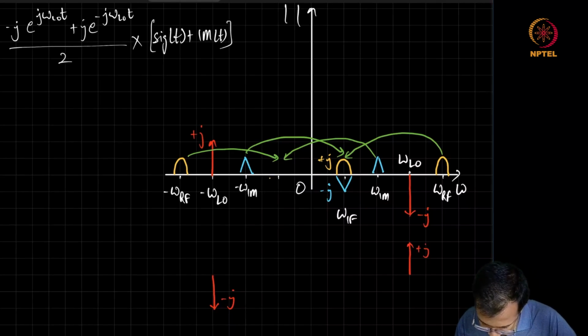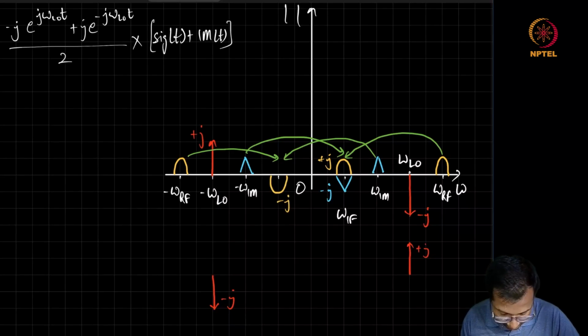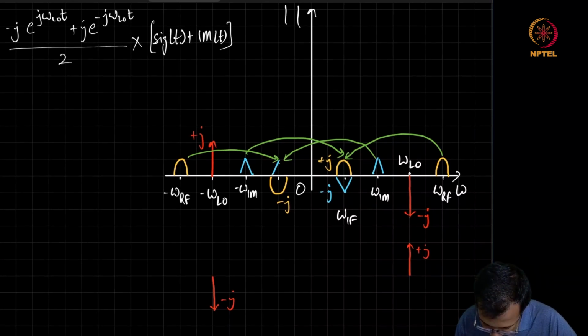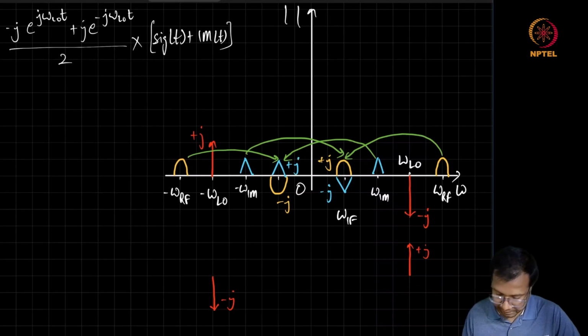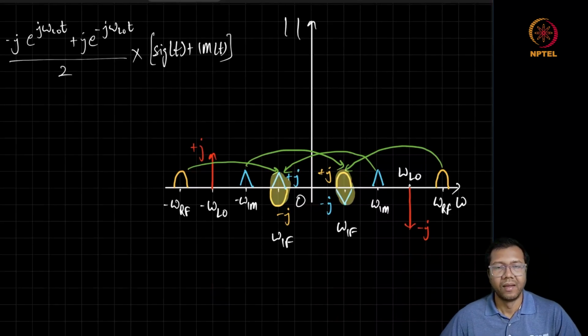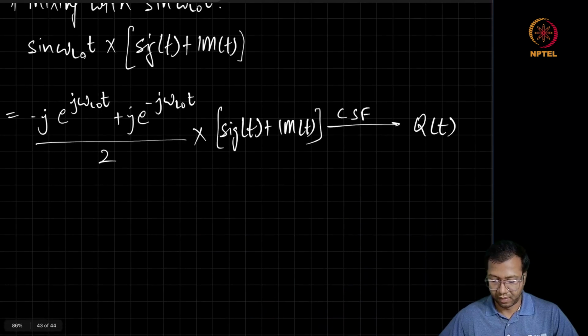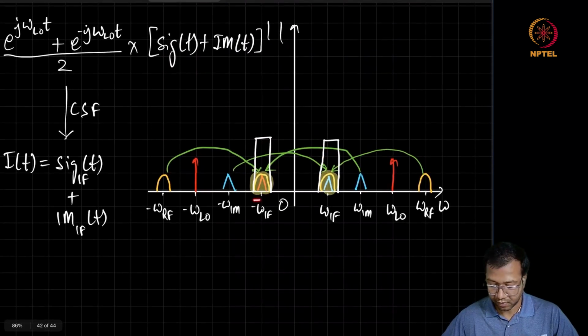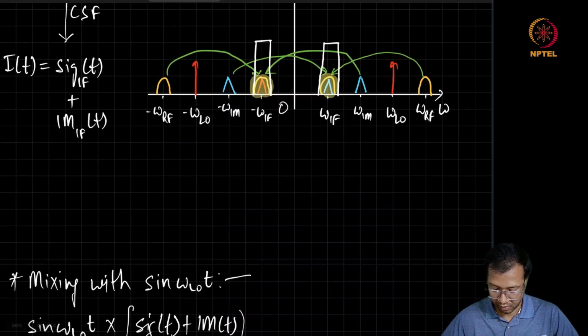So the desired signal is getting multiplied by minus j, whereas image is getting multiplied by plus j. And we can very easily see a distinct spectrum as compared to when we are multiplying with cos of omega LOT.